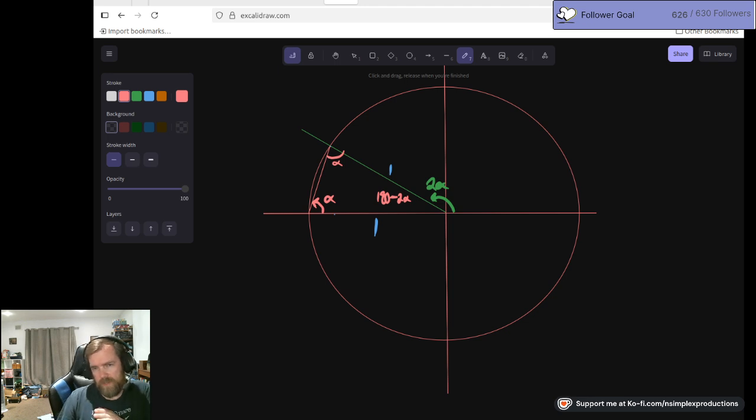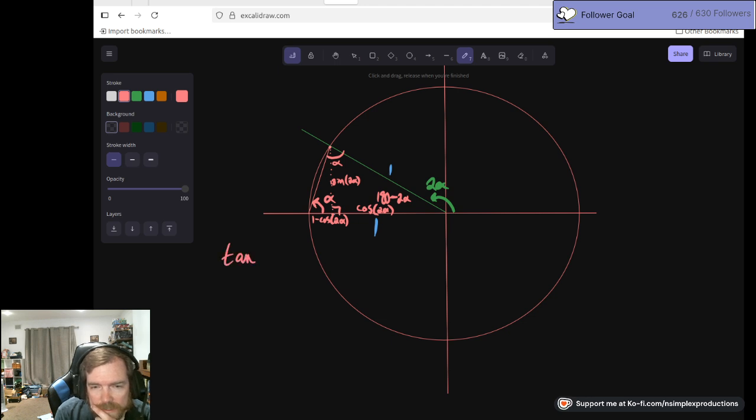Alpha is just going to be the outside angle. So it has to be half as much. And then from here, we have, again, this is going to be like cosine of 2 alpha. It's going to be sine of 2 alpha. This is going to be 1 minus cosine of 2 alpha. Oh, look at that. And it's right triangle trigonometry. So that one's super easy.